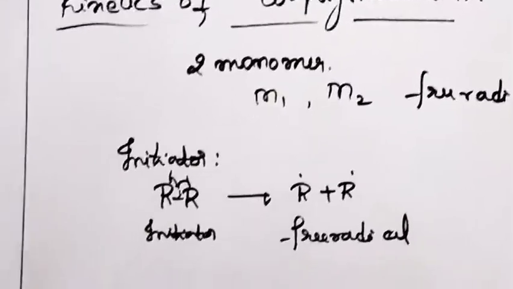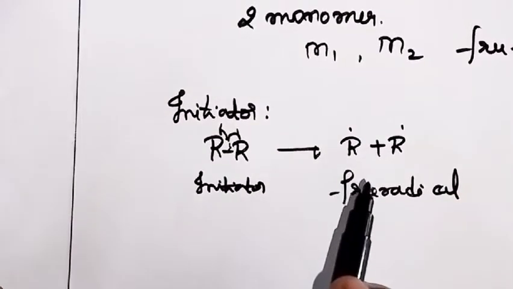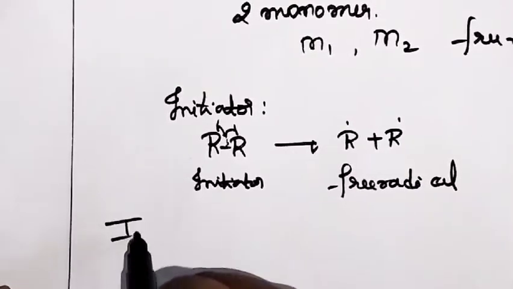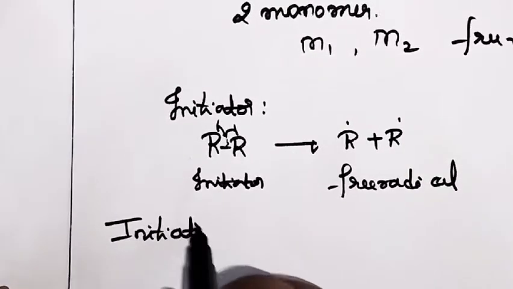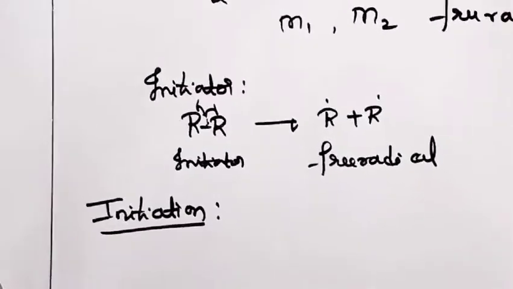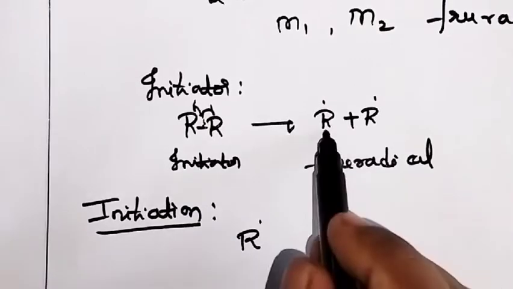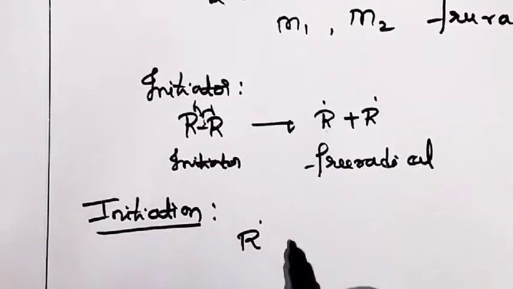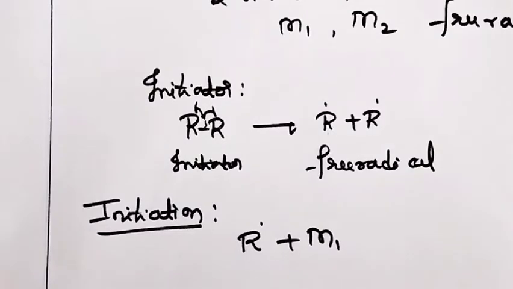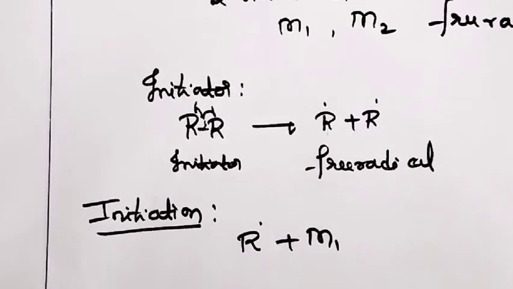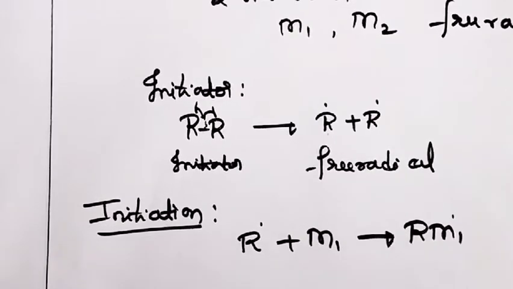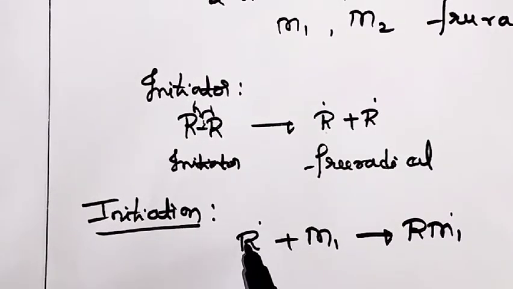Now we have two monomers, M1 and M2. The first step is the initiation. In the initiation step, one of the free radicals generated here will attack M1, so the free radical shifts to form the RM1 free radical.